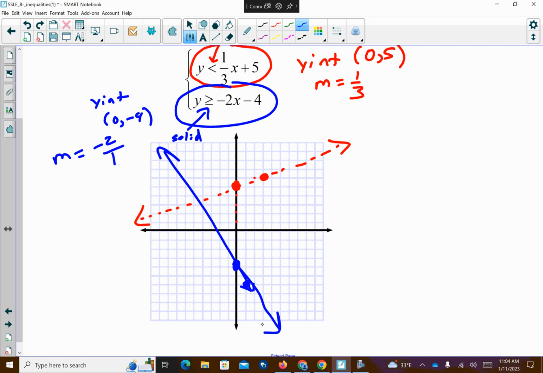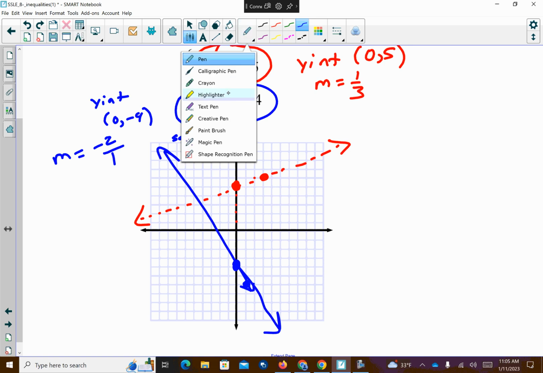Are we okay so far? These two lines do indeed intersect. Agree? But I'm not looking for that dot. Okay? Now, do me a favor. Put your pencils down and watch. Okay? This is only a demonstration. Okay?